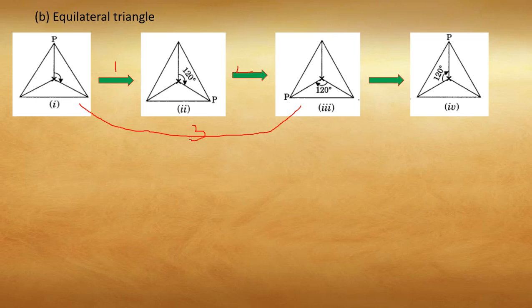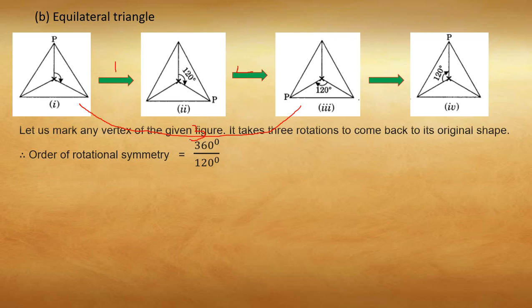So by 120-degree turning of this equilateral triangle, the figure looks exactly the same. So the angle of rotation is 120 degrees and the order of rotation is 3, as we are turning this equilateral triangle by 120 degrees and it looks as it appeared previously.